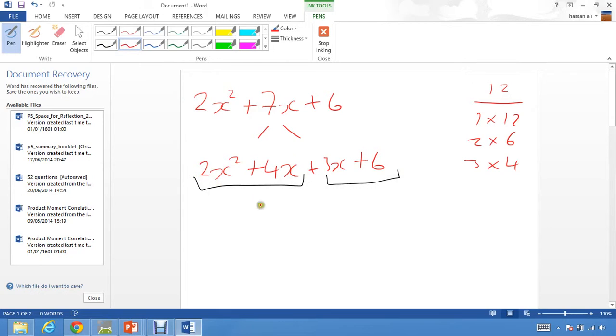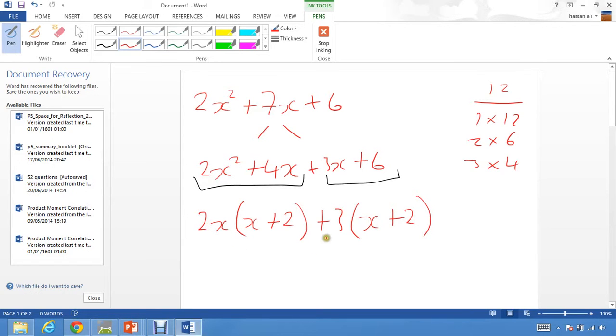So between 2x squared and 4x, you know that 2x will be common, because 2 is a factor of 2 and 4. They both have x. What do I multiply by 2x to get 2x squared is just x. To get 4x, times it by 2. Again over here, what's common? Positive 3. 3 times x will give me 3x. 3 times 2 will give me 6.